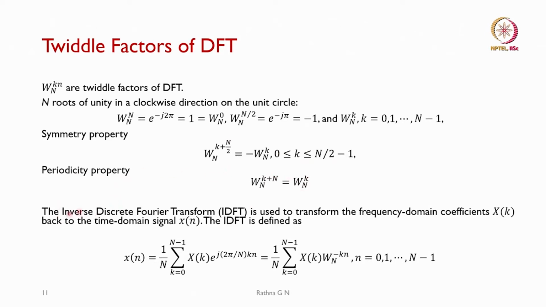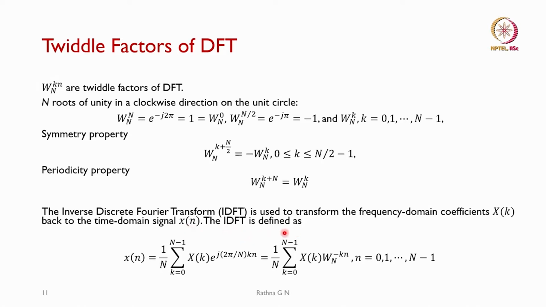So, we know that the inverse discrete Fourier transform, which we call IDFT, is used to transform the frequency domain coefficients X of k back to the time domain signal x of n.